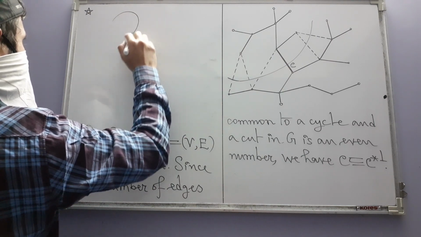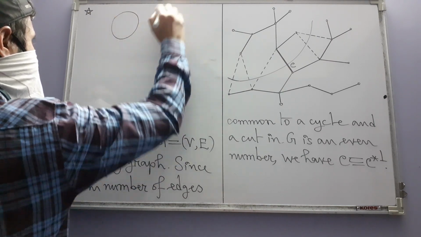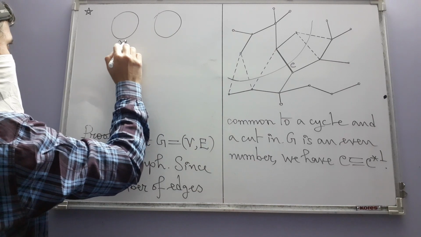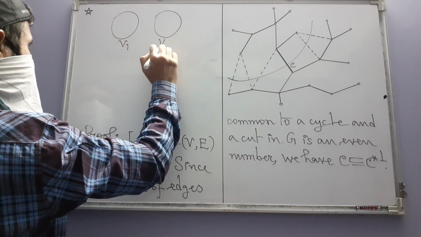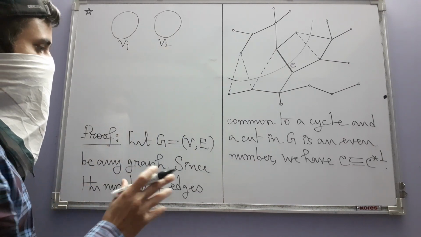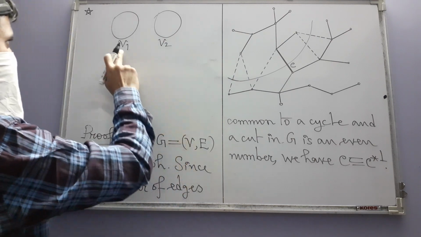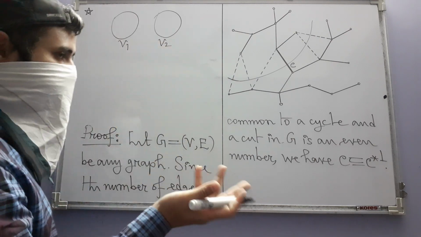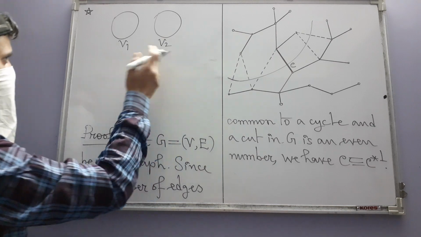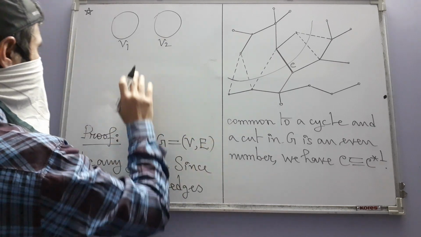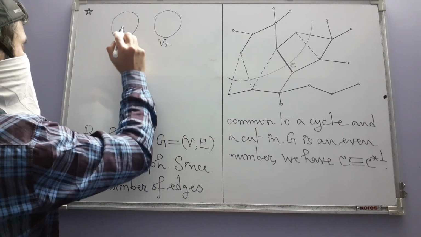So for a cut, there will be a partition of the vertex set of the graph, that is V, into two disjoint subsets which are non-empty, whose union is V. That's what partition means.